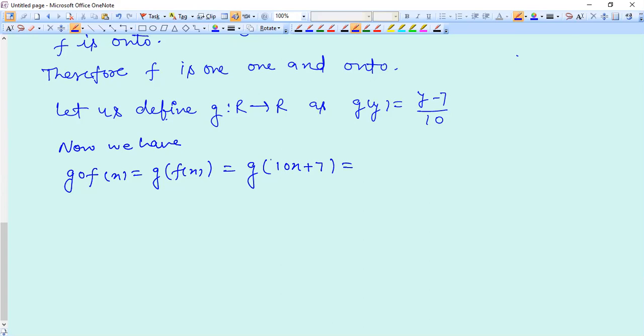Now we put this term in place of y in g(y), so we get (10x plus 7 minus 7) upon 10. So we get 10x upon 10, which is equal to x.